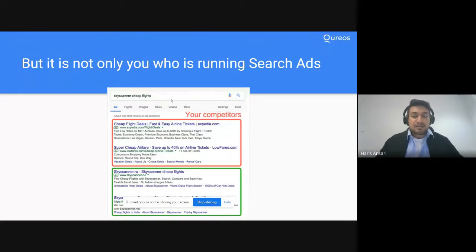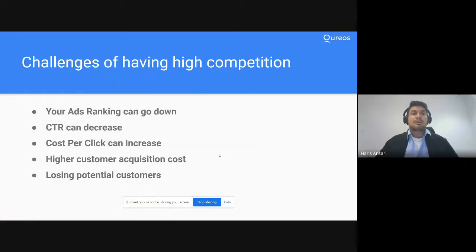Skyscanner cheap flights is something which Skyscanner wants to market, but you can see other competitors in the results as well. So competition will always be there. If you have a business competitor, they will be targeting exactly the same keywords or exactly the same audiences which you are focusing on. So it's important for us to realize the importance of high competition in the market when it comes to search ads.